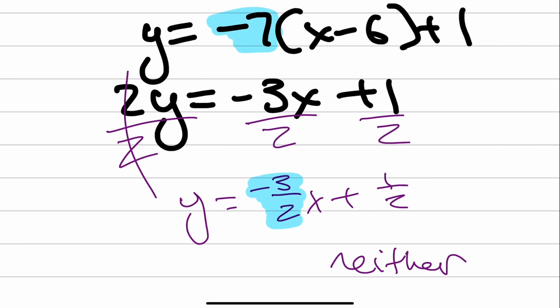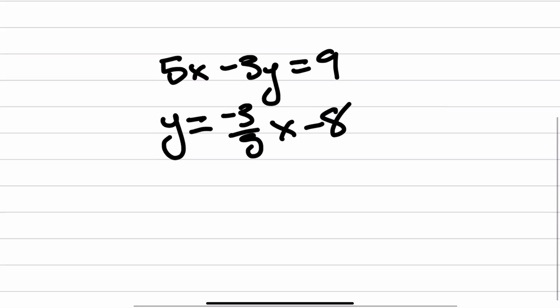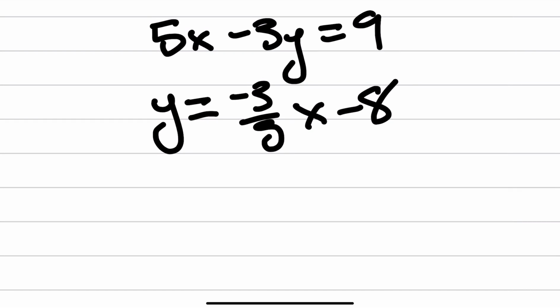Let's see, we got one more. 5x minus 3y equals 9. That's in standard form, so let's find the slope for that one. Remember, your slope for standard form is going to be opposite A over B. Or we could rearrange this, but I'm just going to go this way because I feel like it might be a little bit better.